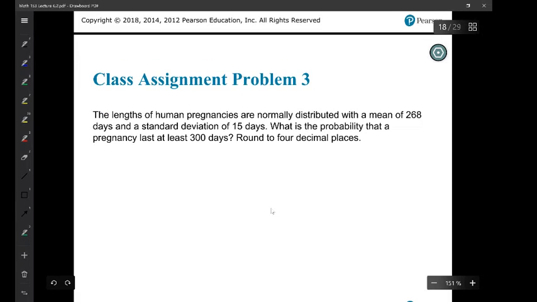Right. So the lengths of human pregnancies are normally distributed with a mean of 268 days and a standard deviation of 15 days. What is the probability that a pregnancy lasts at least 300 days? Well, let's sketch a normal distribution to get our bearings.